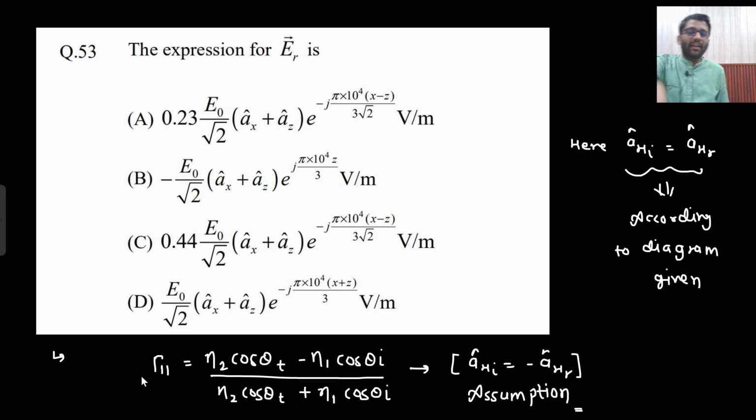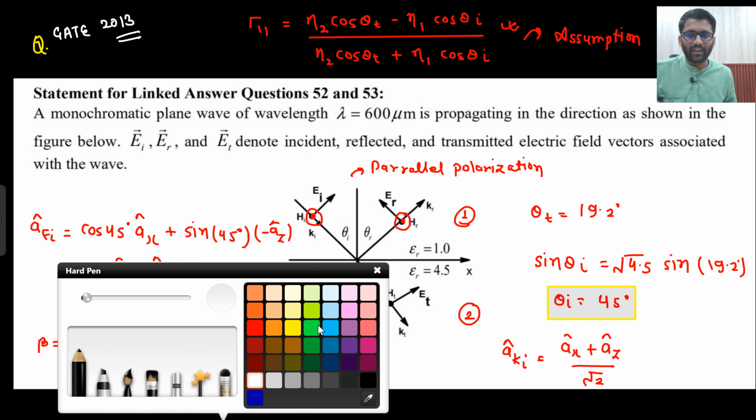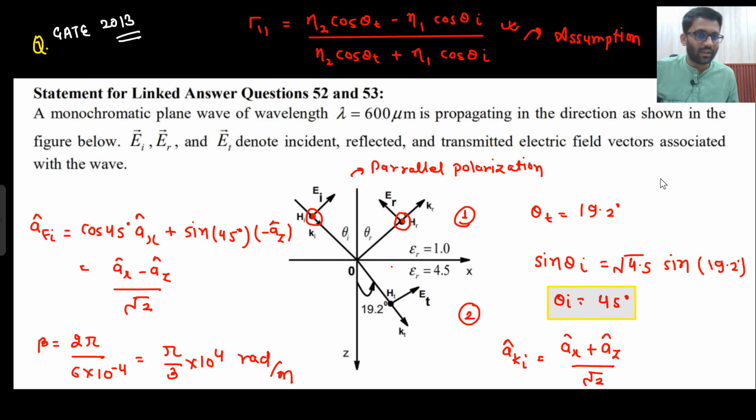So now if my gamma value comes negative, let me know one thing: whether the given direction of electric field is correct or incorrect. Basically, if my gamma is coming negative, what is my question? Think about it. If my gamma is coming negative, that means this direction would be correct, or I should take the opposite direction of the reflected electric field.